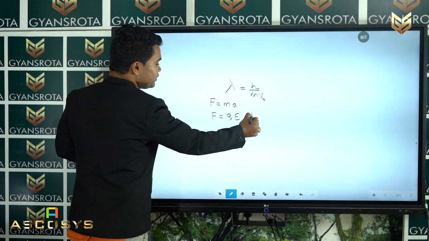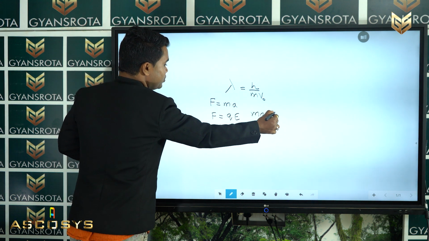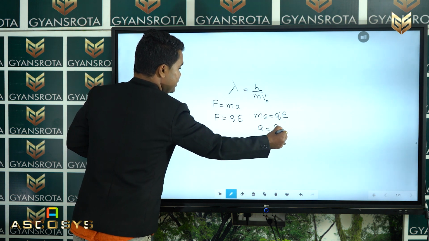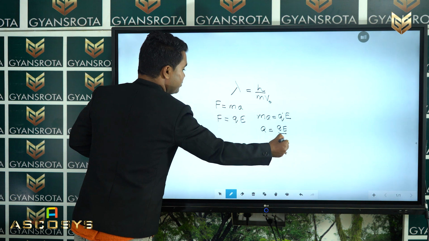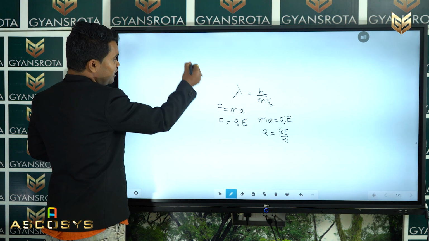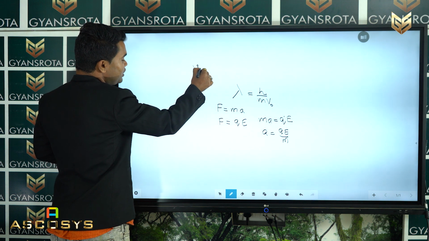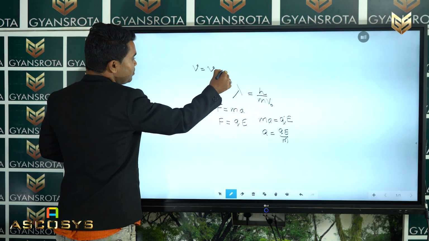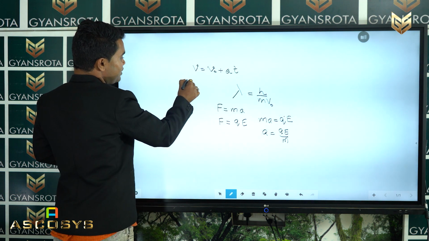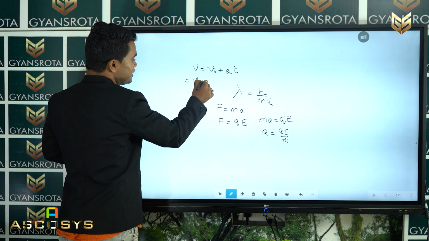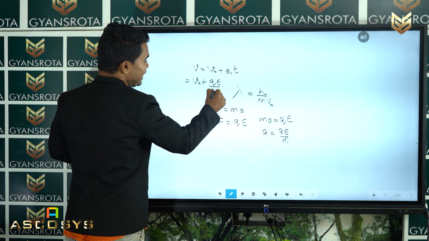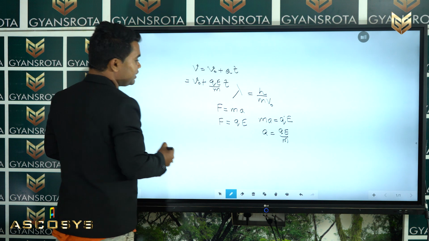If I combine both of them, ma will be equals to qE. Therefore, a will be equals to qE by m. So you have the acceleration. Why do I need to find out the acceleration? So that I can put it in the equation, v will be equals to v naught plus at, equation of motion. So v naught plus a is how much? qE by m multiplied with t.